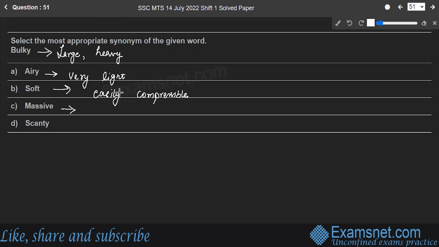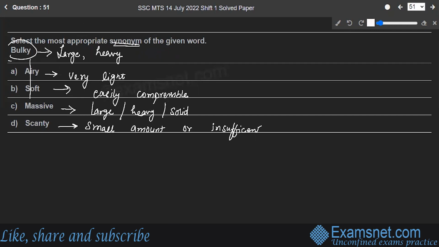Massive means very large, heavy, solid, right? The word scanty means small amount or insufficient amount. Okay, so you have to find the synonym, which means the same as bulky, and that is massive. So option C is the correct answer to our question.